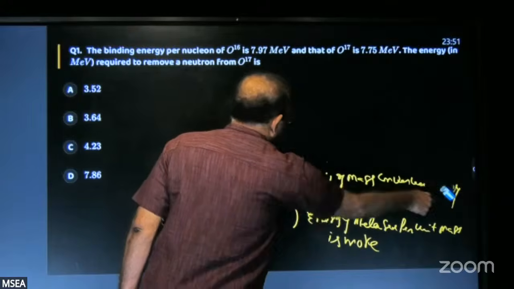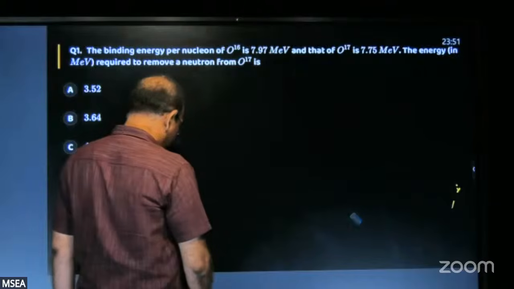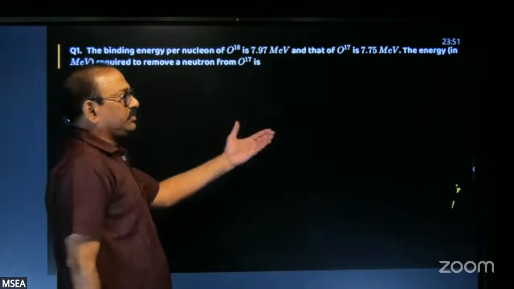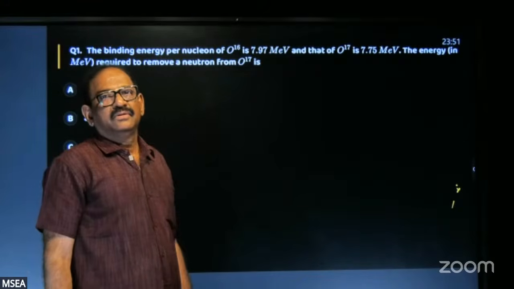And in stars, an enormous amount of energy is released by fusion over millions of years.